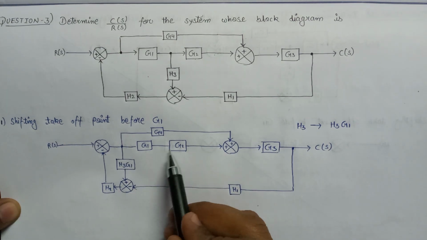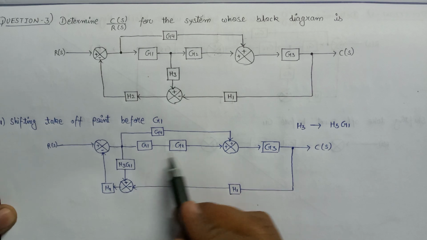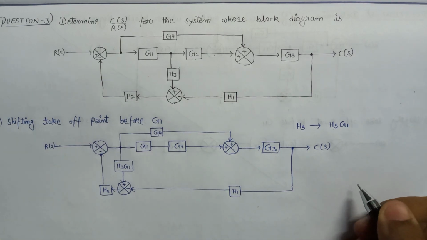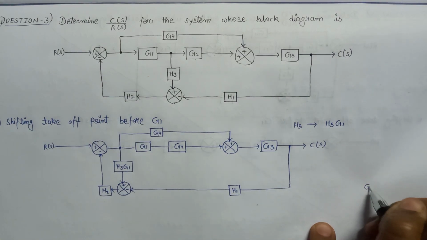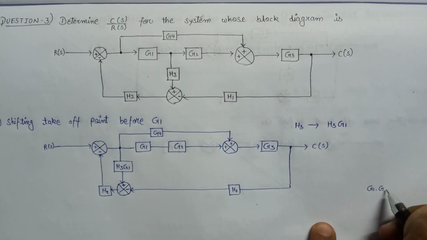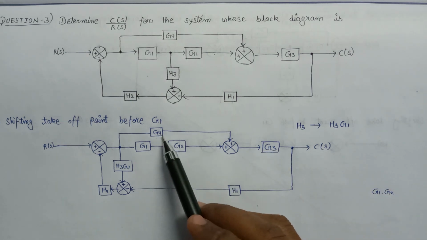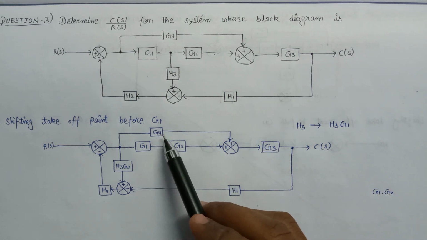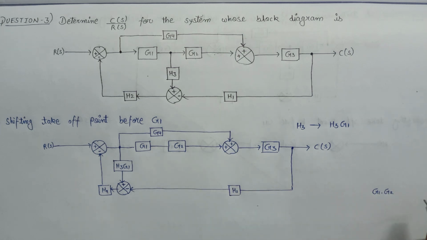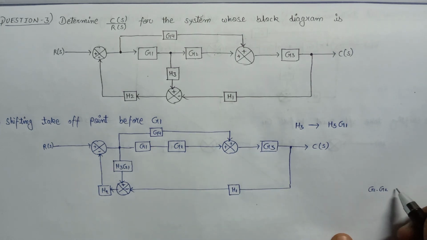If G1 and G2 are connected in series, then the overall gain will become the multiplication of G1 and G2, that is G1 G2, and this G1 G2 is connected in parallel with G4. So the overall gain will now become equal to G1 G2 plus G4.